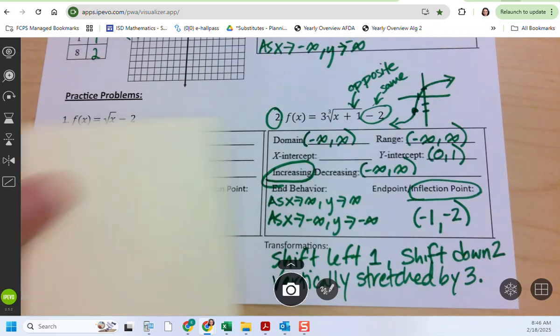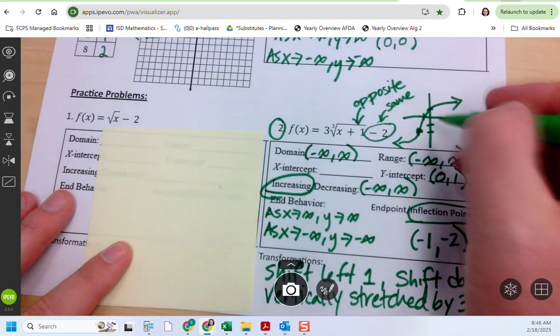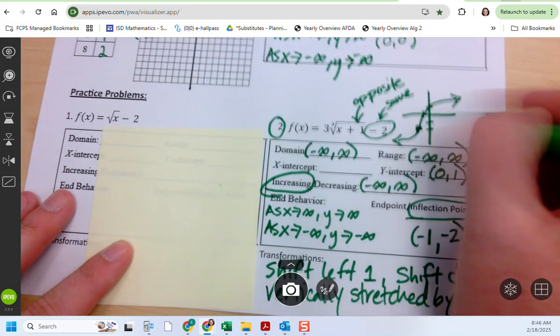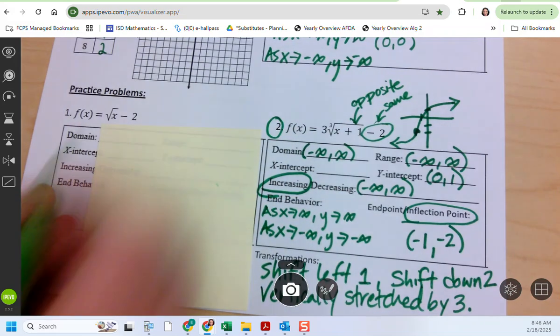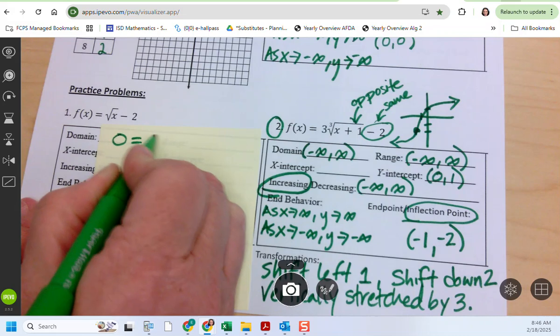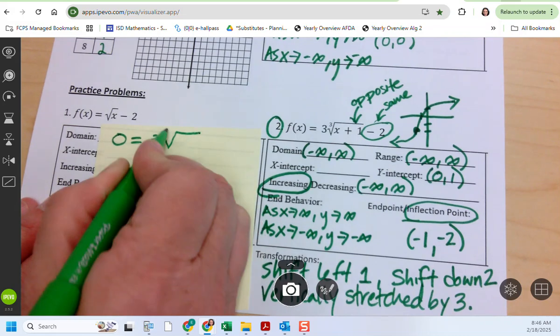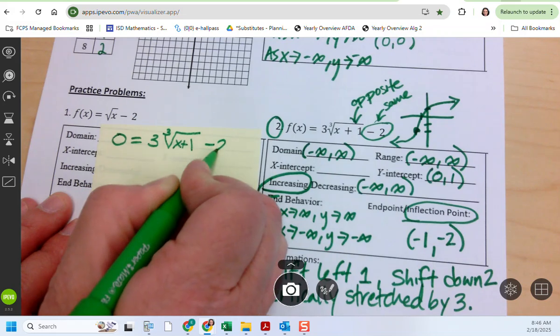To find the x-intercept, you set y equal to 0, because everywhere on the x-axis y is 0. The y, remember, is the f(x) part. So what I'm solving is 0 = 3 cube root (x + 1) - 2.